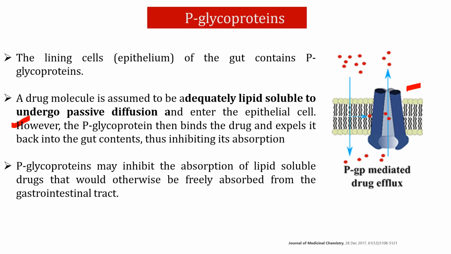However, the P-glycoprotein then binds to the drug and expels it back to the gut content, thus inhibiting its absorption. P-glycoprotein may inhibit the absorption of a lipid-soluble drug that would otherwise be freely absorbed from the gastrointestinal tract. So the point is that even if a drug is lipid soluble, it may not be absorbed because of this P-glycoprotein-mediated drug efflux.